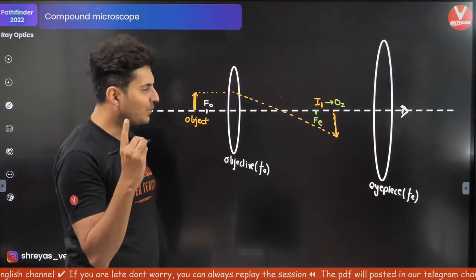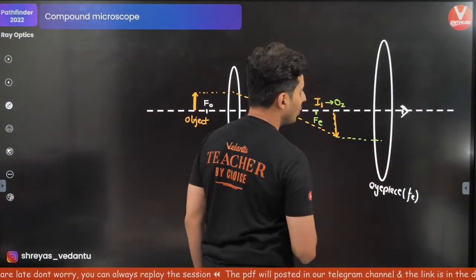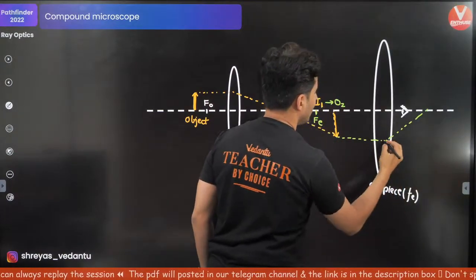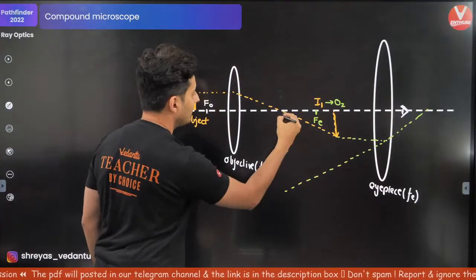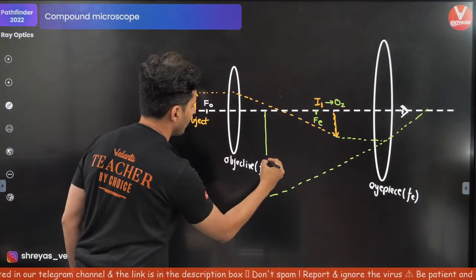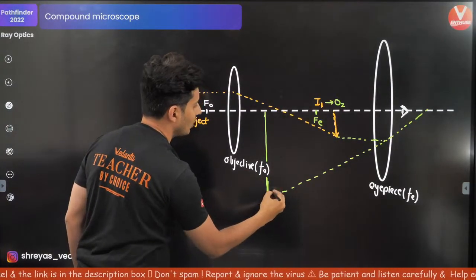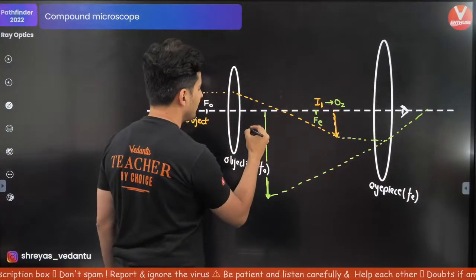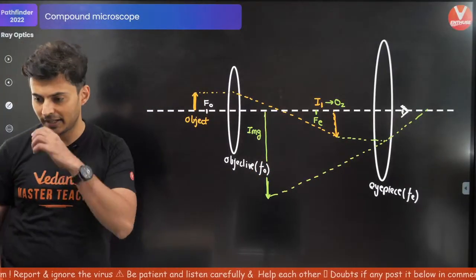When the rays go somewhere like this and you extend them backwards, you will see the image getting formed somewhere over here. I'm just showing a random position, don't take it to scale. I have not drawn everything accurately, but this is the rough way of visualizing it. So this is where your final image is formed. This is how it looks.